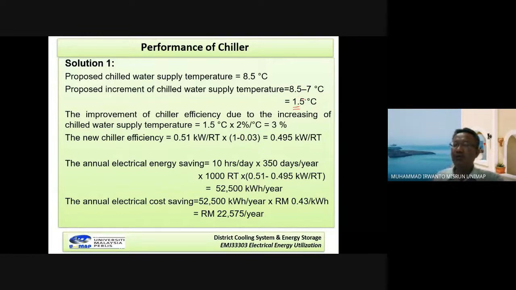When we increase the temperature by around 1.5 degrees Celsius, how much is the efficiency improved?